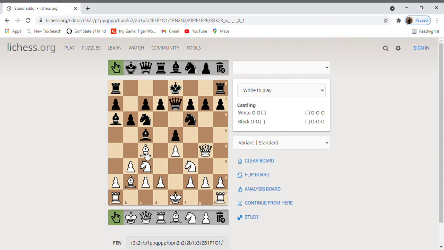And then castles long ways. You can do it long ways as well. You don't just have to do it short ways. So after doing long ways, it would be 0-0-0. So it counts long ways. And that's how you record castling.